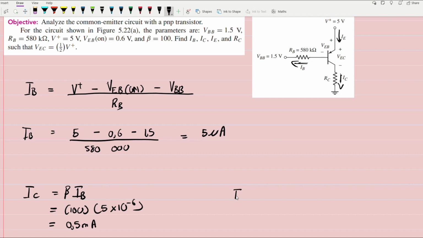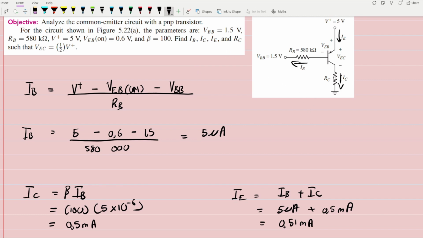So IE is equal to the sum of IB plus IC. IB is 5 microamperes plus 0.5 milliamperes. When we add this together, we get 0.51 milliamperes.